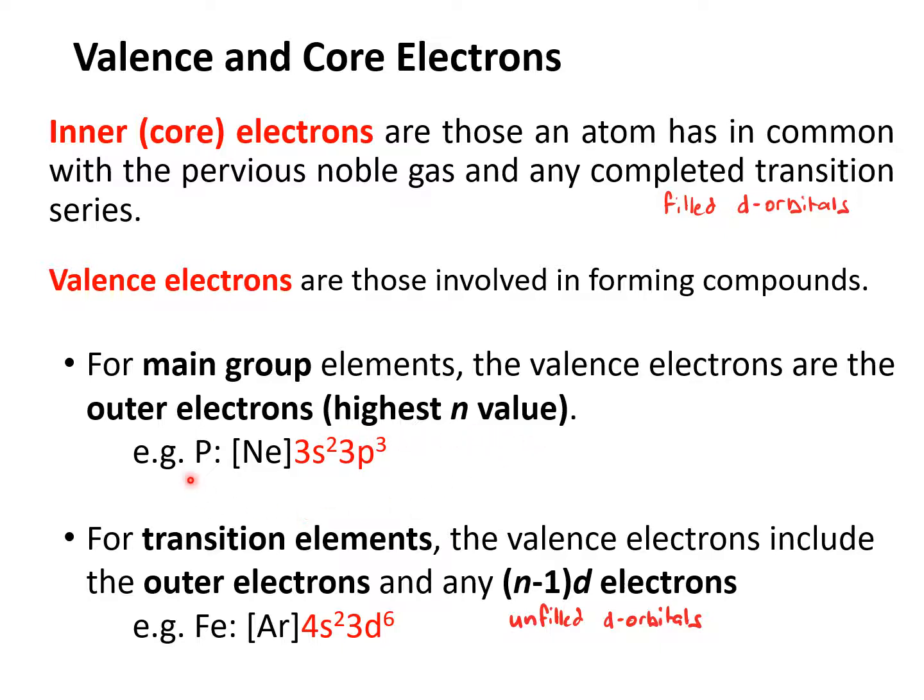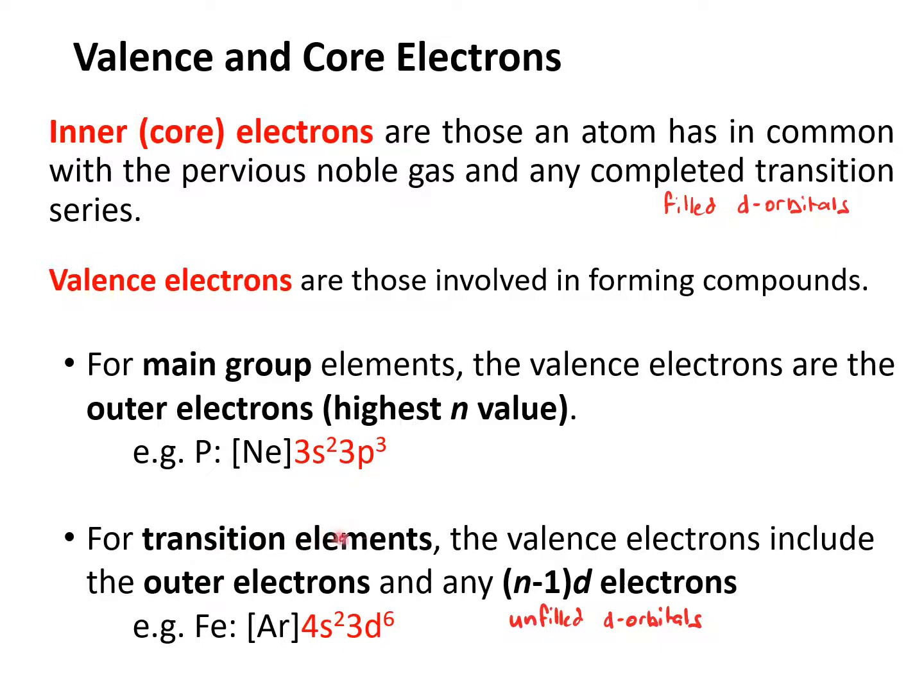For example, in phosphorus, which has the electron configuration neon 3s2 3p3, the highest n value in this case is n equals 3, and so phosphorus has 5 valence electrons. 2 of those electrons are in the 3s atomic orbital, and 3 of those electrons are in the 3p atomic orbitals.